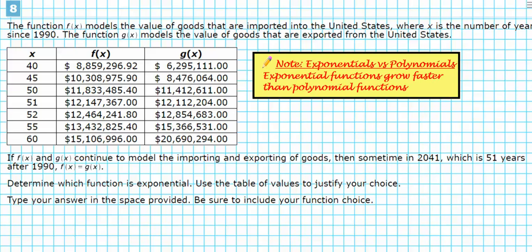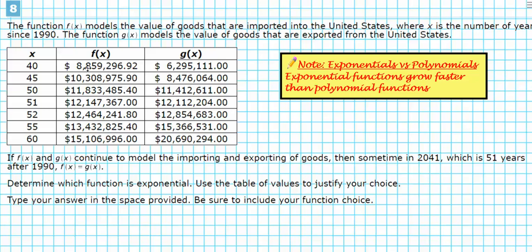What's going on? You notice that at the start, when x is equal to 40, f is greater than g. So f has a head start, f is greater, and then at 45, f is still greater than g, right? And then at 50, f is still greater than g. And then at 51, it looks like g is catching up, but f is still greater than g.